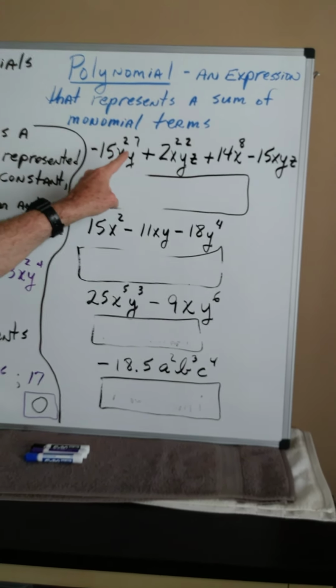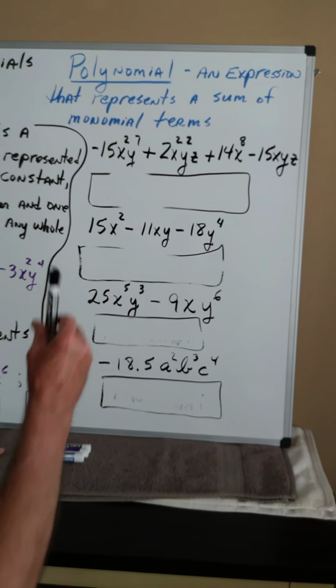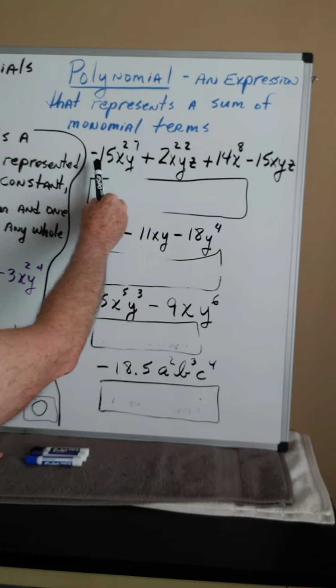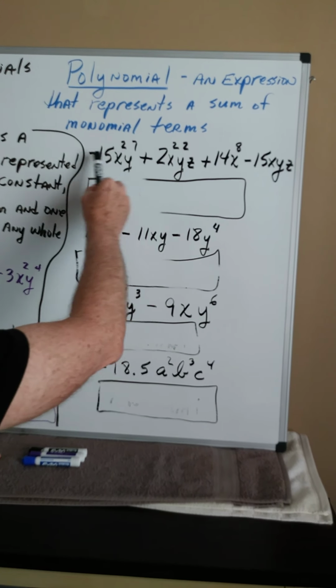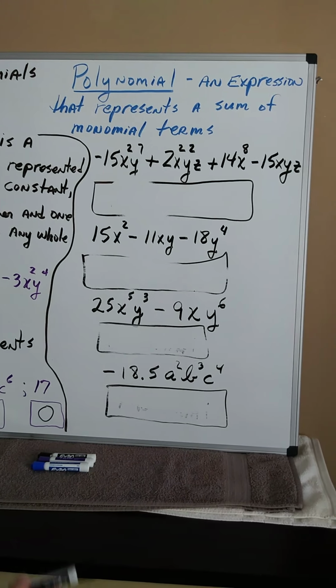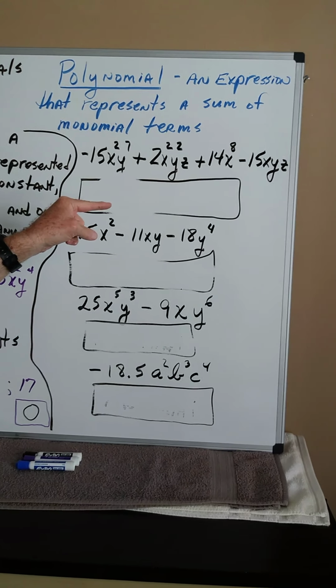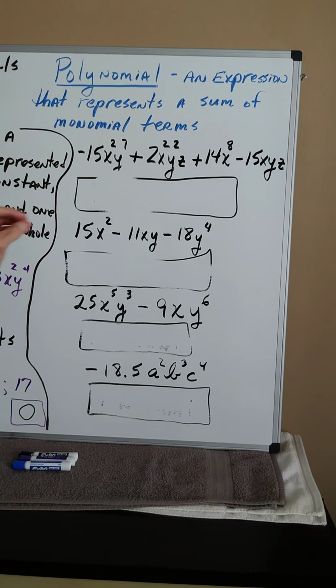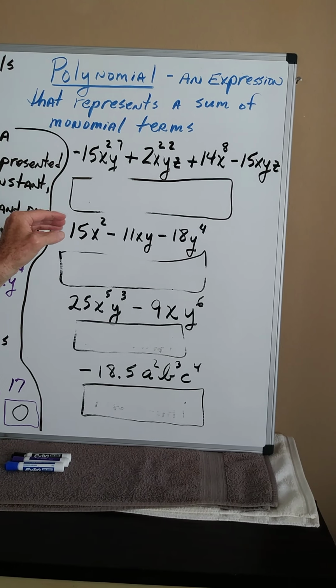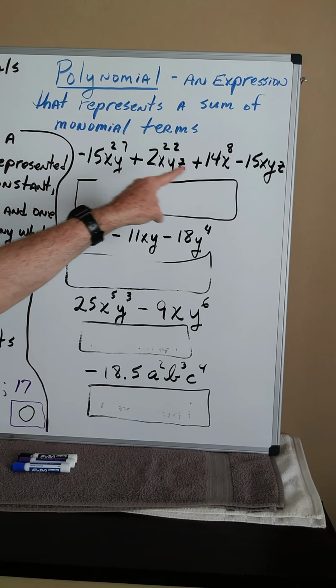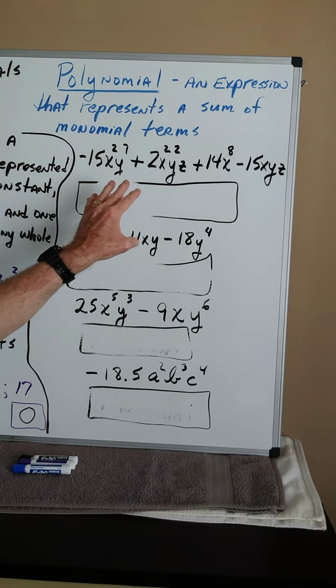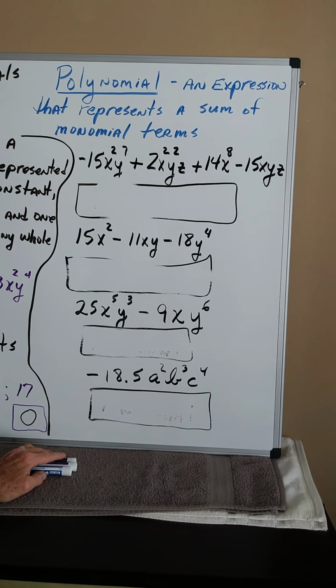We're going to start with this guy right here, and we're going to identify the degree of this polynomial expression. The key words for the degree of a polynomial: it's the greatest degree of any term that makes up the polynomial expression.